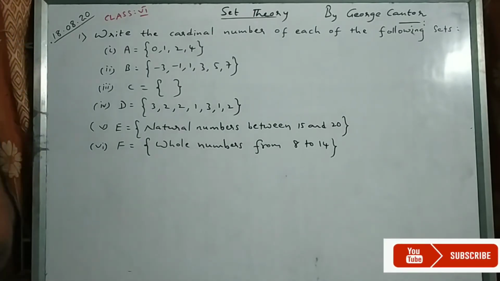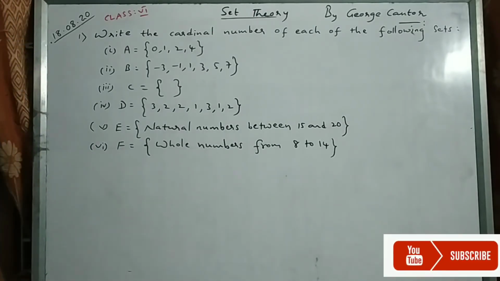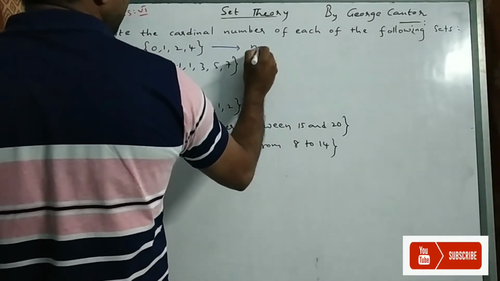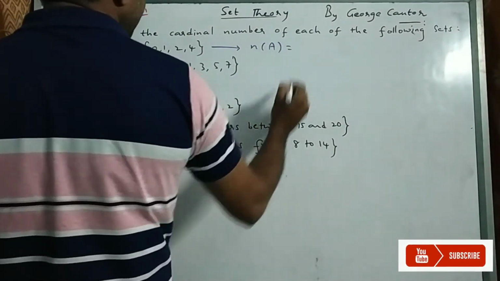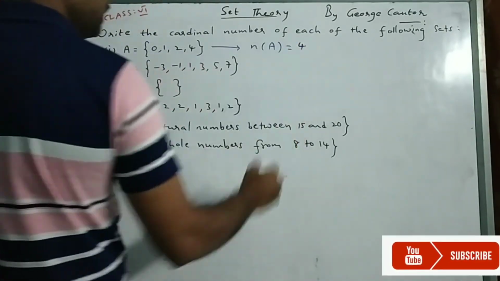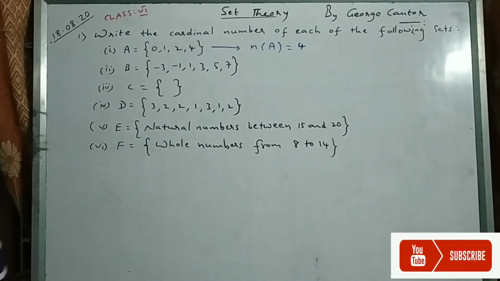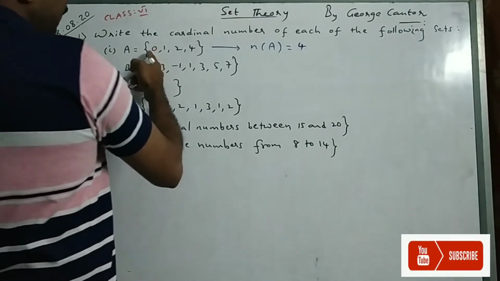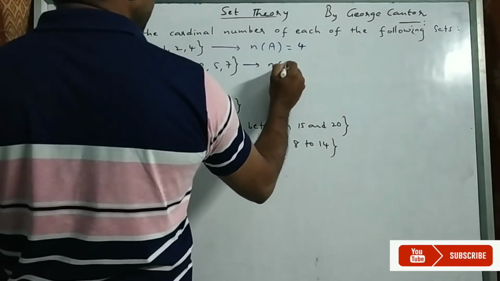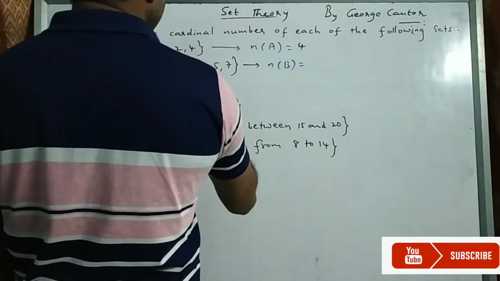So first let us see the elements in the set. Cardinal number of set A is, how many are there? 1, 2, 3, 4. So number of elements in the set is 4. Here also 1, 2, 3, 4, 5, 6. So number of elements in B is equal to 6.